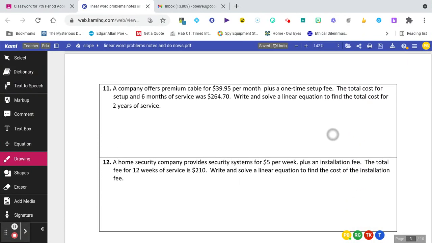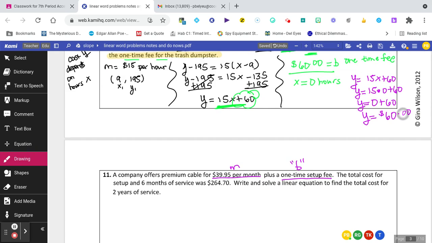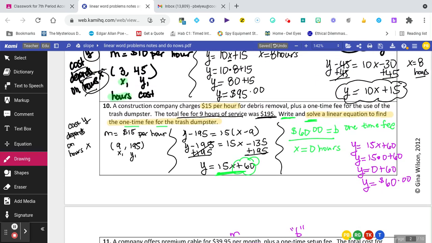Let's look at 11. Number 11 says a company offers premium cable for $39.95 per month, plus a one-time setup fee. This again is B. This is M. You may not need B like you did up here, because if it said $15 per hour plus a one-time fee, this was B, and you needed B because it asked you for the one-time fee.